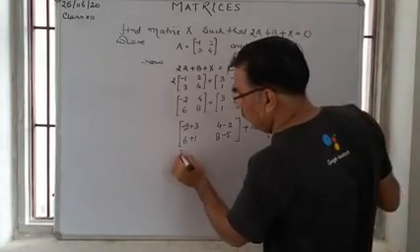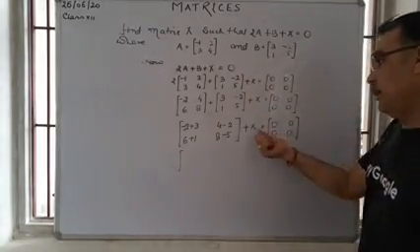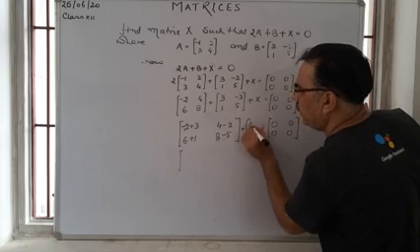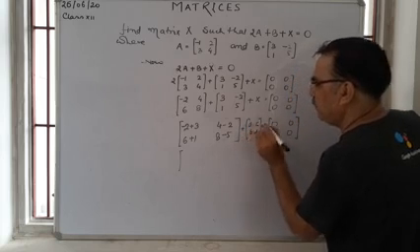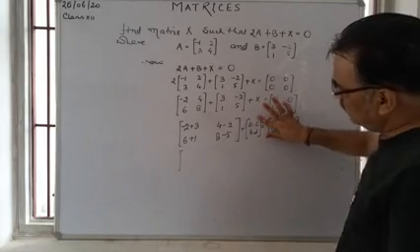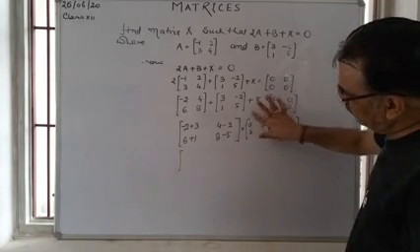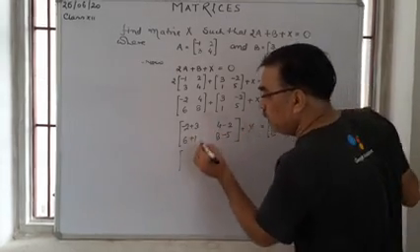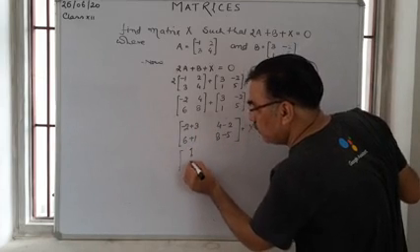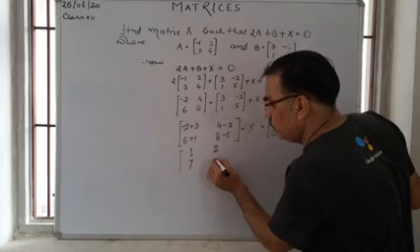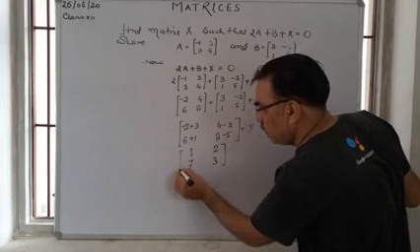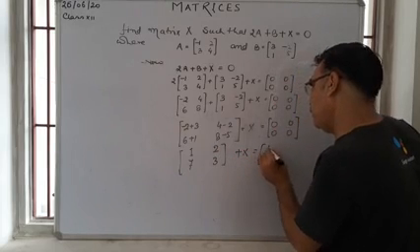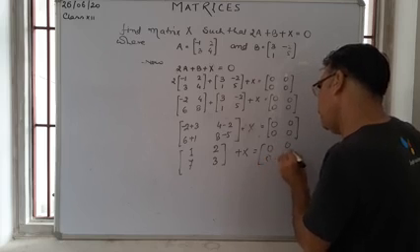Here, if you want, you can write X as A, B, C, D, a matrix of the same order, but there is no need. We will only write down X. It is sufficient for the question. So here we get 1, 7, 2, 3 plus X is equal to 0, 0, 0, 0.